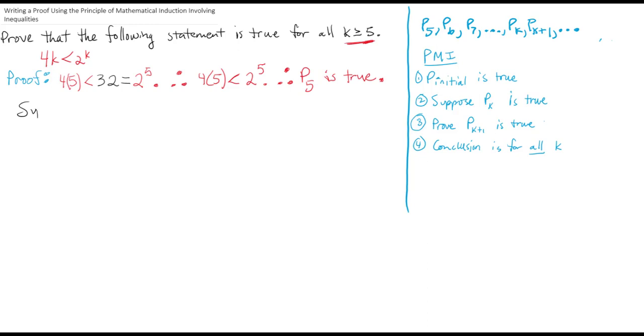Now let's suppose proposition of k is true for a particular k. And what do we mean by particular k? You could envision that it is actually fixed. And this k, of course, is greater than or equal to 5.